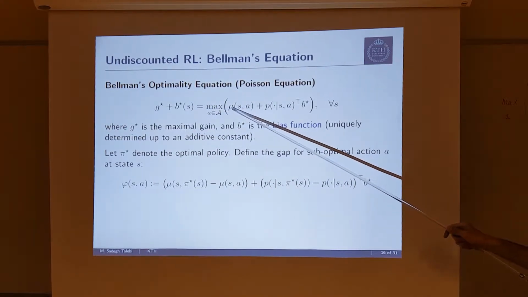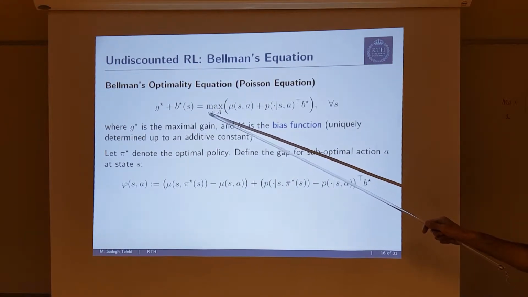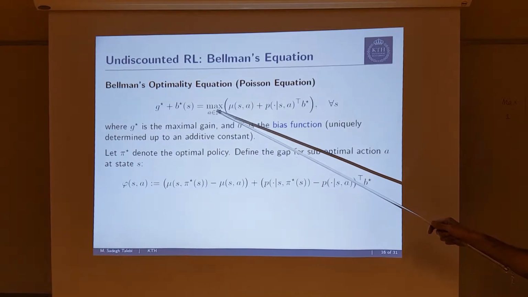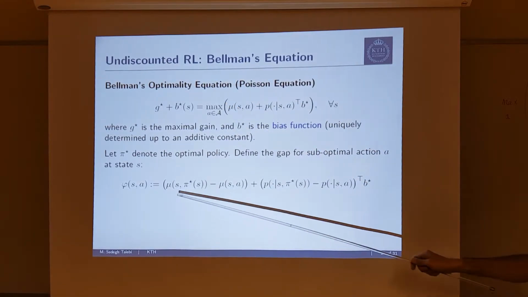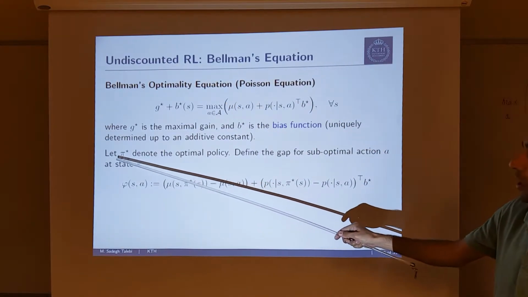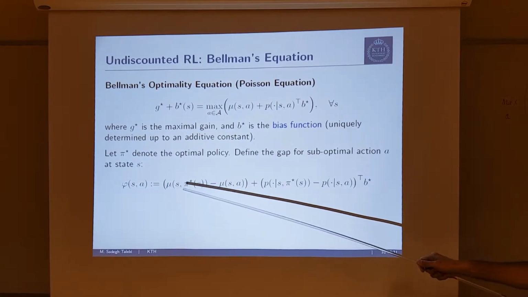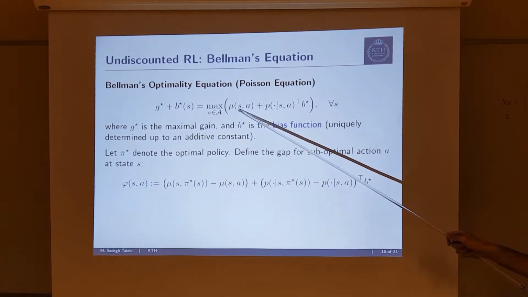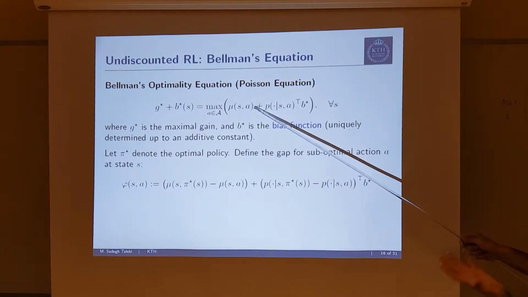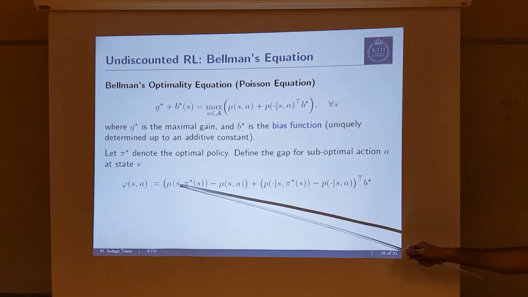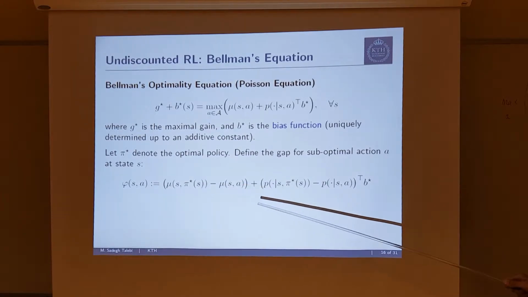If you look at the right-hand side, this maximum is obtained when you take the optimal policy for some action A. But for any other action that is not achieving this maximum, there would be some gap, right? And this gap, if I denote the optimal policy by phi star, would be the mu of this SA, where A is suboptimal, minus this.